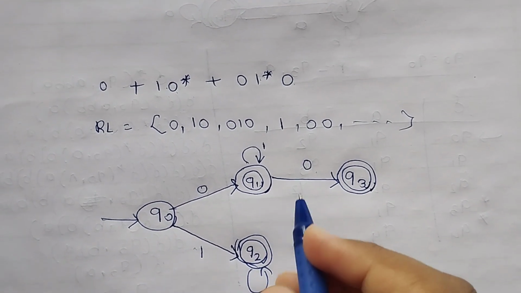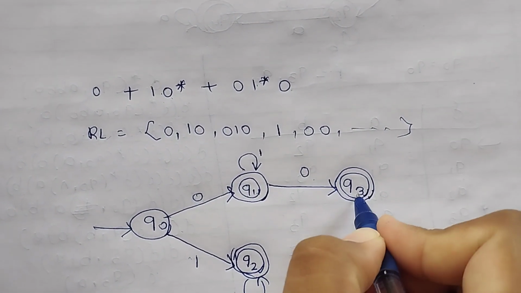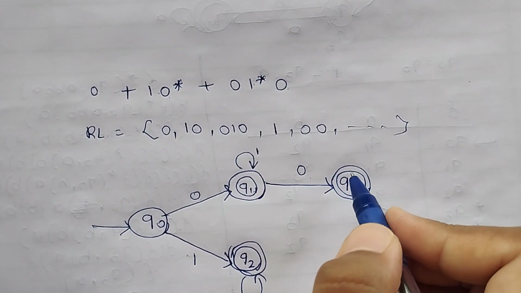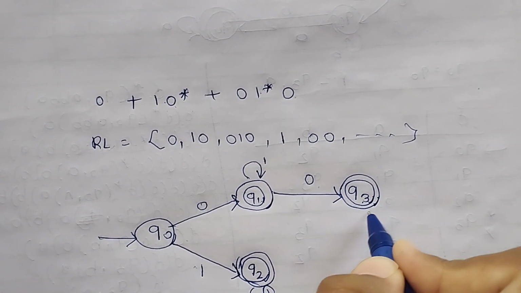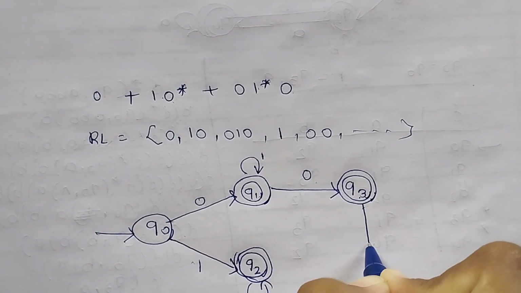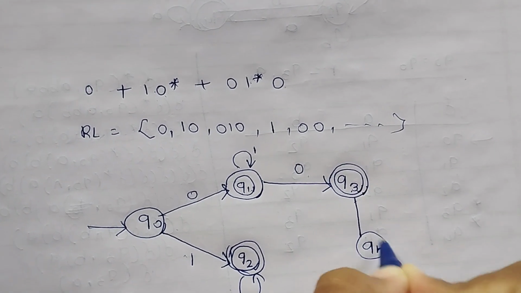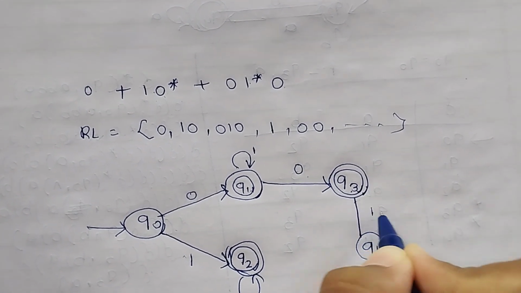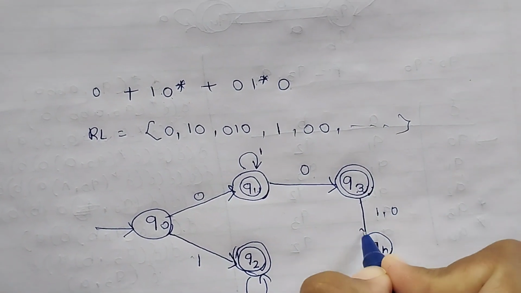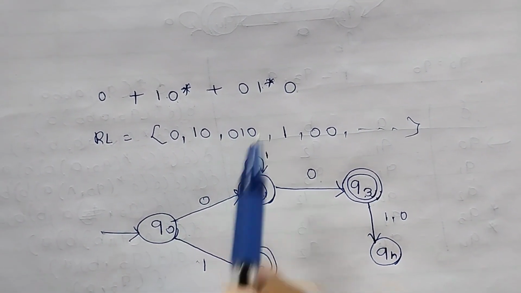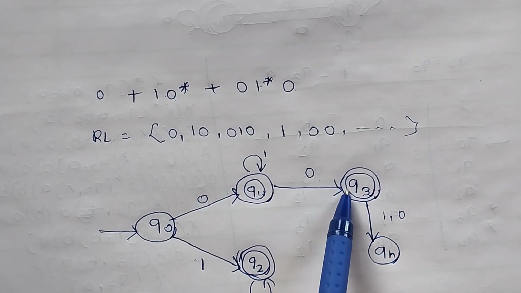Now we move to this Q3, and this Q3 on 0 and 1 goes here to Qh, the hold state. Why do we transfer this 1 and 0 of Q3 to this hold state?